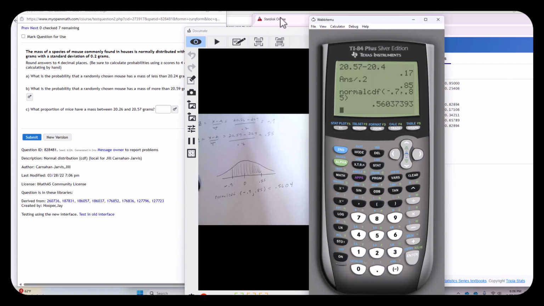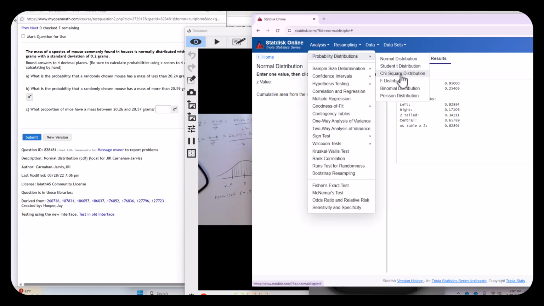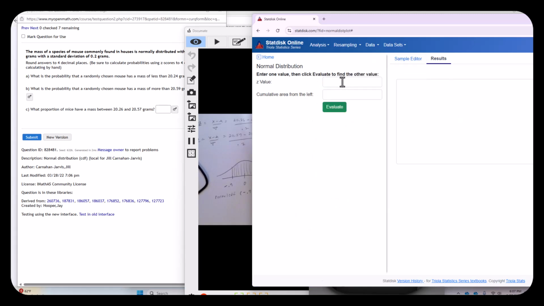Okay, so let's see what we do on StatDisk Online. I think I'll have to do both of them here. First, negative 0.7. Notice that it gives me the area to the left and to the right. If I'm using StatDisk here, I'm going to have to do some subtraction.